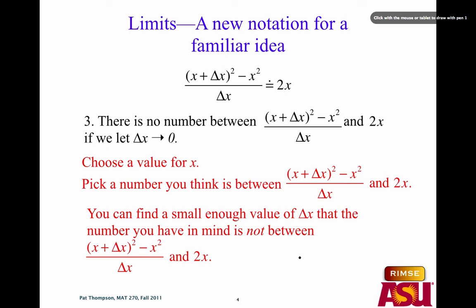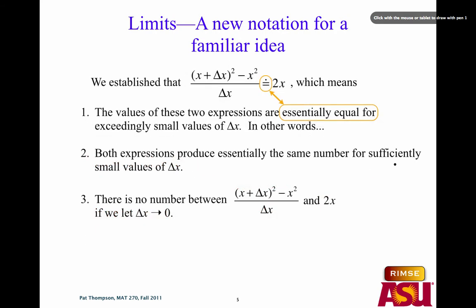Okay, and so that's how we're thinking about this idea of there being no number in between these two expressions as we let delta x get sufficiently small. Okay. And so then the way that we formalize that idea, or the way that most textbooks commonly formalize it, is to write this type of expression.